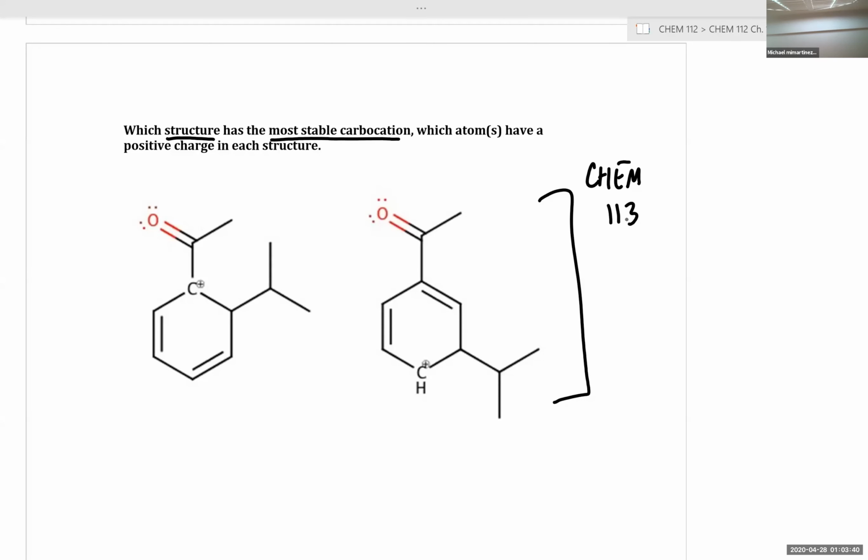To start, take a look at structure A and structure B, and tell me which structure has the most stable carbocation and what atoms have a partial positive charge in each structure. To help, I'll put some numbers here: 1, 2, 3, 4, 5, 6, 7.